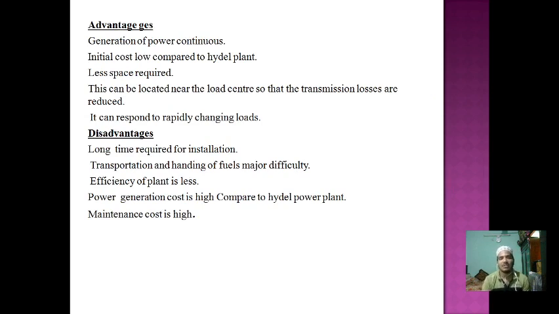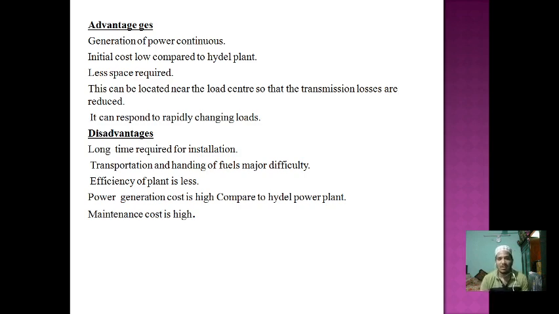Advantages and disadvantages. Generation of power is continuous. Initial cost is low compared to the hydel power plant. Steam power plant initial cost is low compared to the hydel power plant, and less space is required.